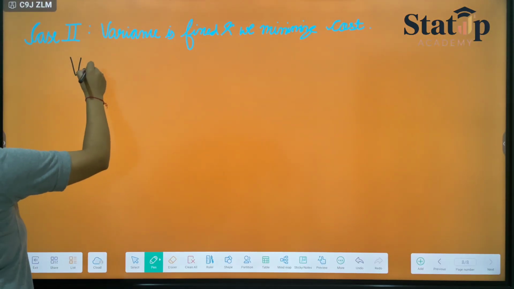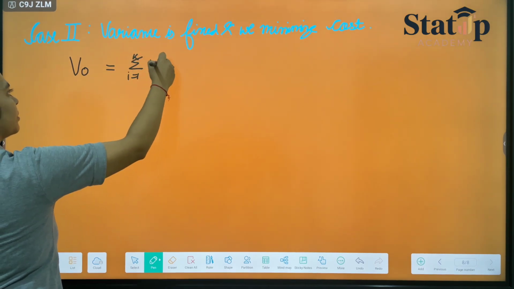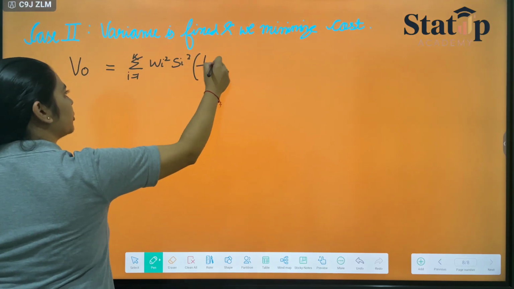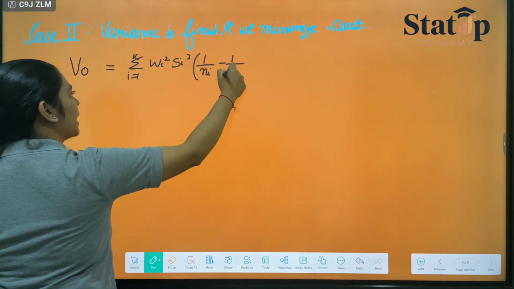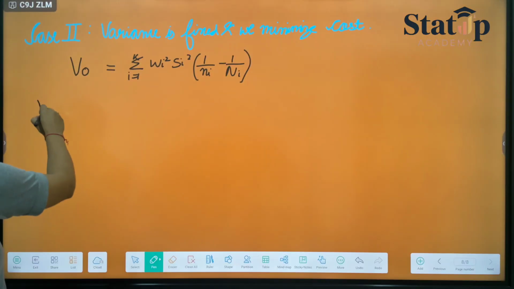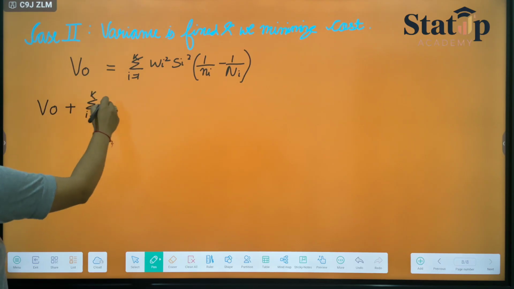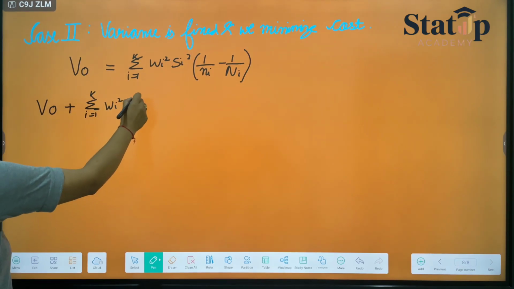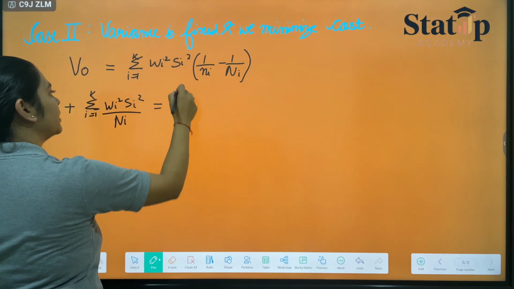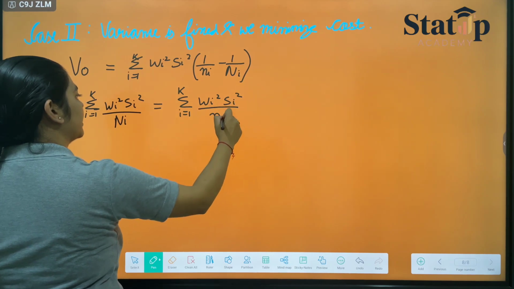Let us take variance as V0, which is nothing but summation i goes from 1 to k Wi square Si square into 1 upon small ni minus 1 upon capital Ni. Now substituting again the values, V0 plus summation i goes from 1 to k Wi square Si square upon capital Ni is equal to summation i goes from 1 to k Wi square Si square upon small ni.